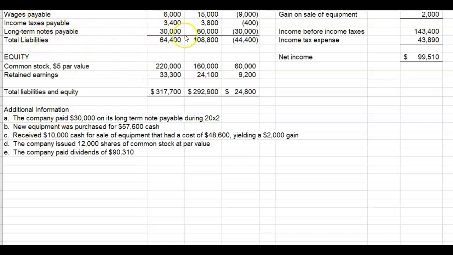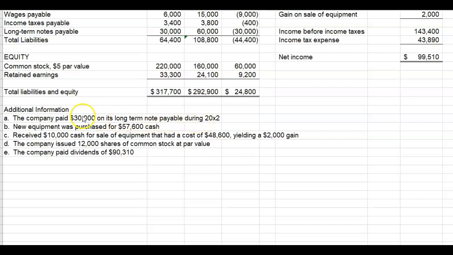Long-term notes payable decreased by $30,000, but you don't just pick up that $30,000 and say that's the amount of cash that was paid, because that might not be the amount of cash actually paid. What you need to do is look at the other transactions. And it says that the company paid $30,000 on its long-term note payable. That sounds like a use of cash in the financing section of $30,000.